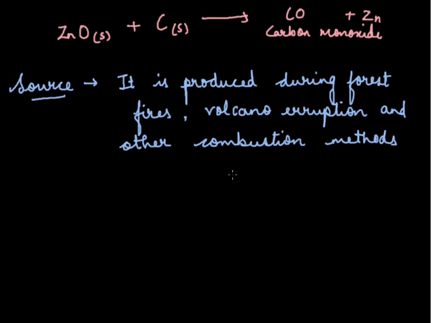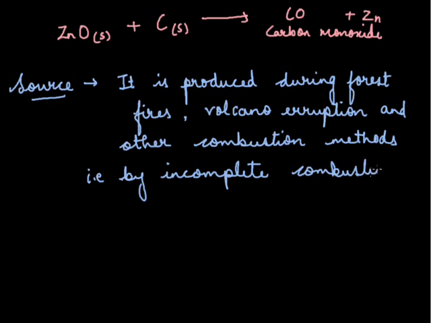That is, it is produced by the incomplete combustion of fuels, wood, released from factories. So this is the major source of production of carbon monoxide.